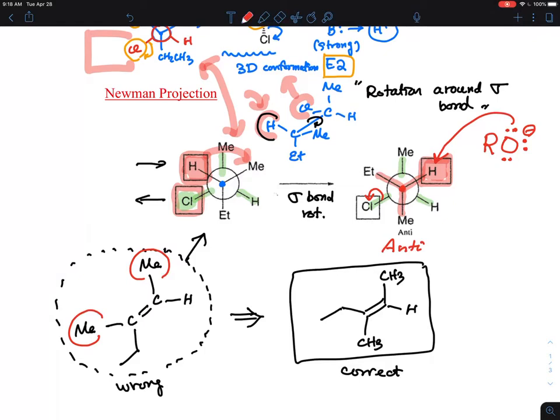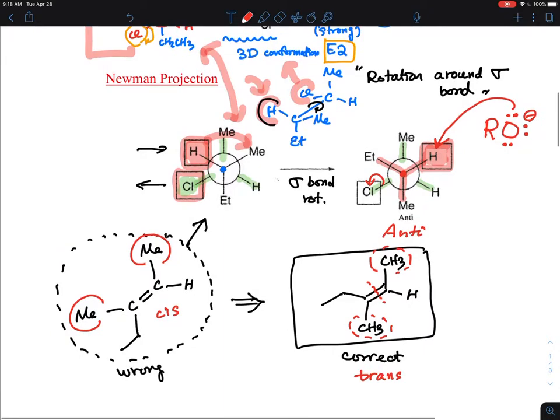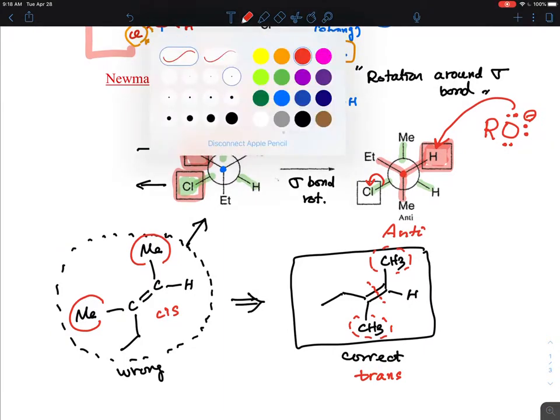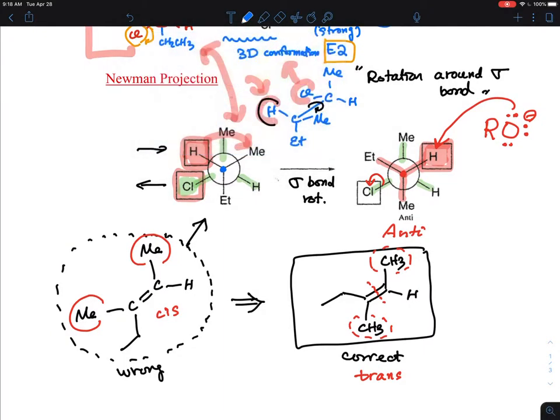So this is a cis, and this one, based on the double bond, they are on the opposite side. So this is a trans. So trans is the correct product here. And also, Dr. Ma mentioned this. Also, organic chemistry is quite widely used for the nomenclature.